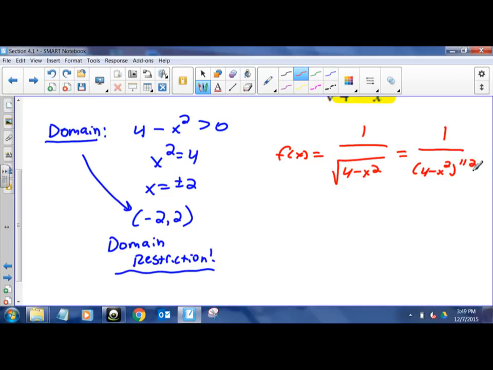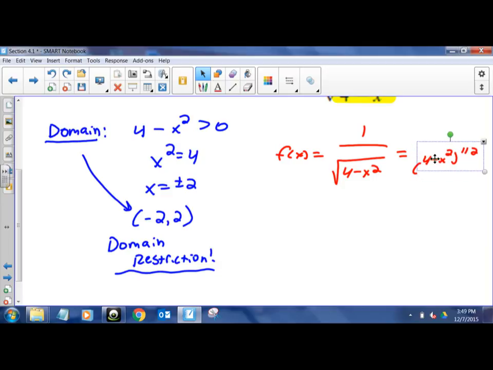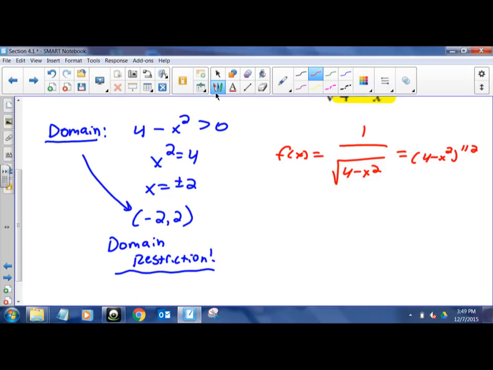Which, of course, is 4 minus x squared to the negative 1/2 power if I were to just move it up. So we're going to go ahead and make that quick edit. There we go. And boom, there it is.